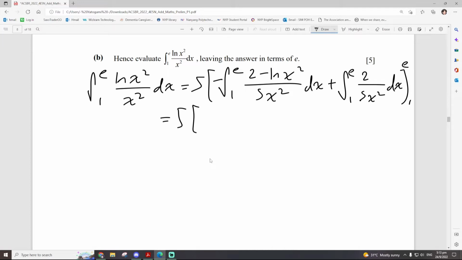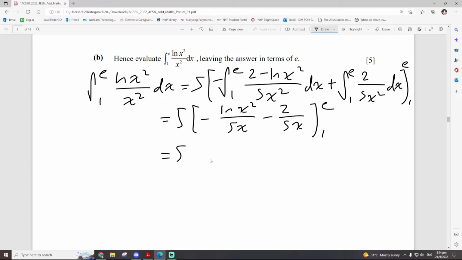Now I already know this is minus ln x squared divided by 5x, right? And if I integrate this, this is power negative 2, so increase the power by 1. Then you divide by new power. This is just going to be minus 2 over 5x. Okay? And we're going to evaluate this from 1 to e.